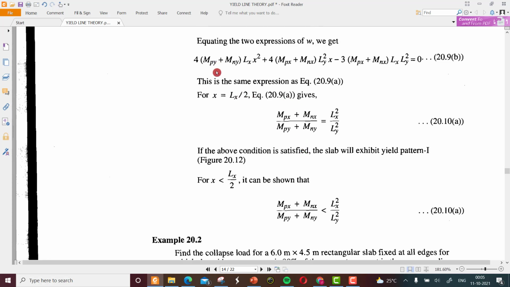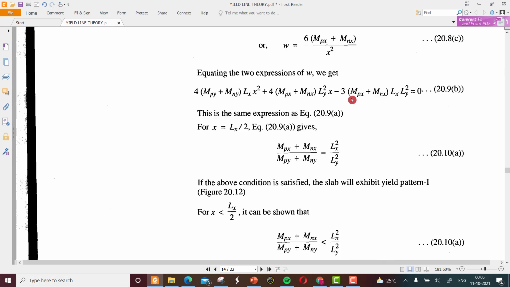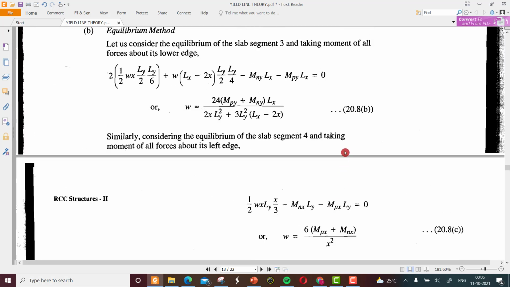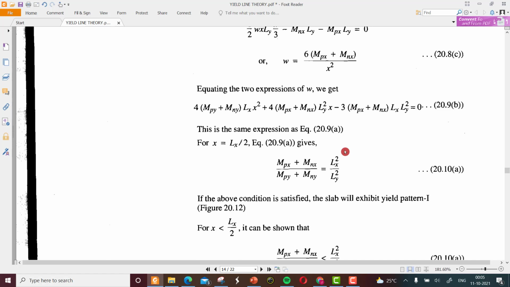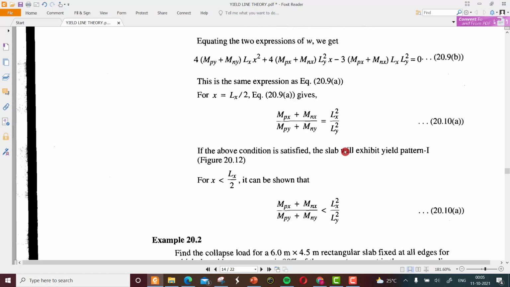Now this is the expression of 20.9a, so it was like the previous expression.